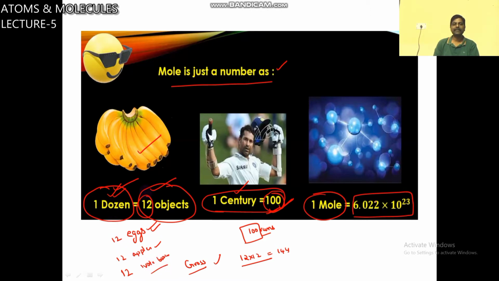So dozen means 12. For representing 12, we are using the word dozen. For 100, century. Like that, for this number, we are using mole.